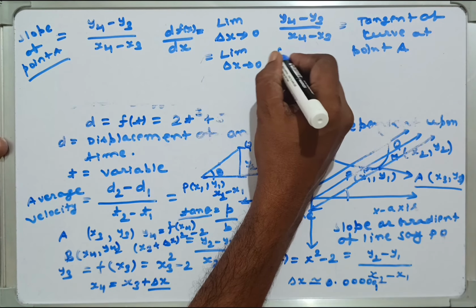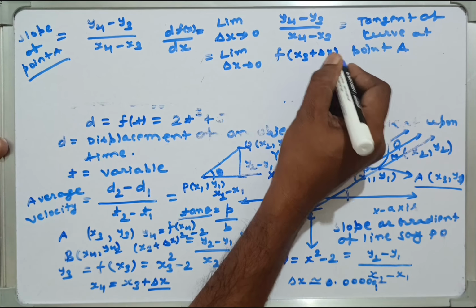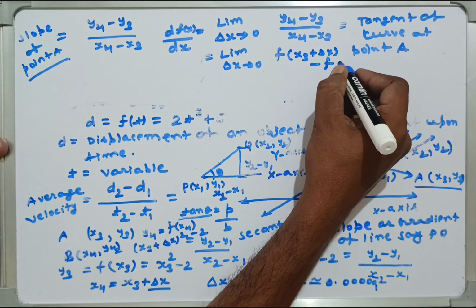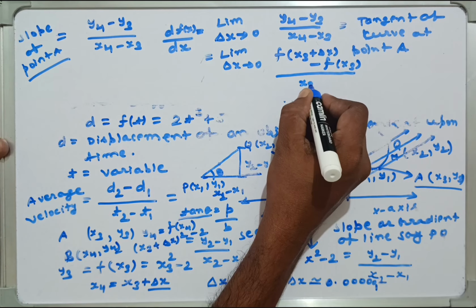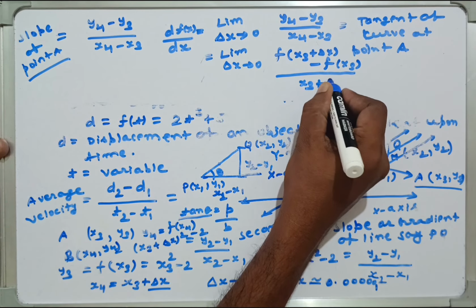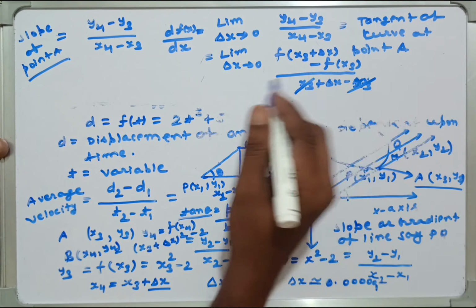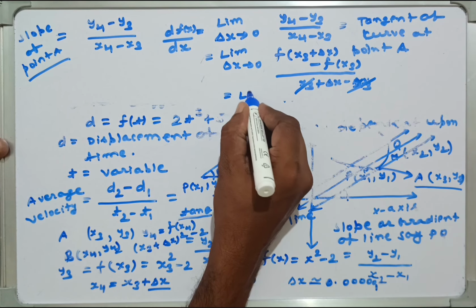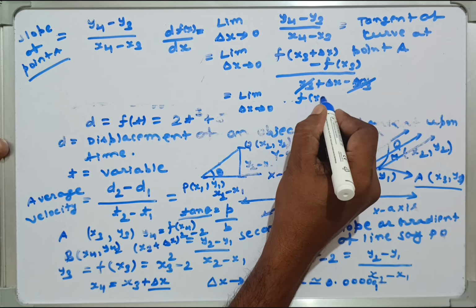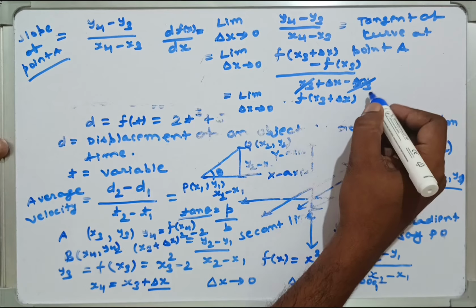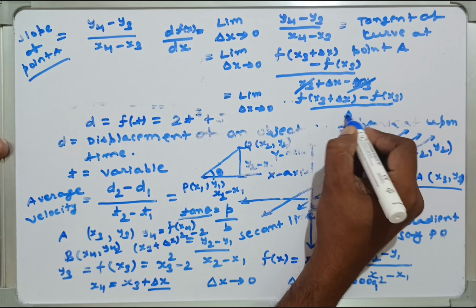So we can write it as f(x3 plus delta x) minus f(x3), taking the difference, then x3 plus delta x minus x3. So x3 cancels out, and this is limit delta x tending to 0 of f(x3 plus delta x) minus f(x3), divided by delta x.